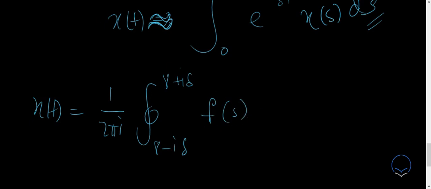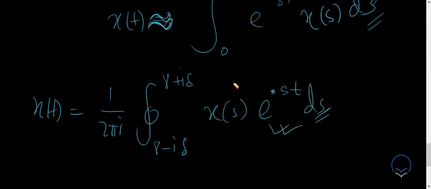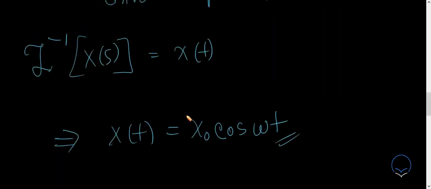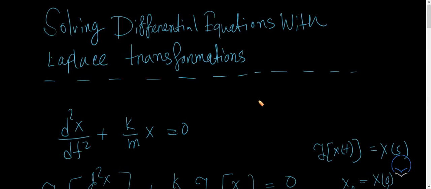Oh sorry, this should be X. Alright. This is something like this, and these are the type of integrals you will see from the next videos. So this will be it for today, and thank you.